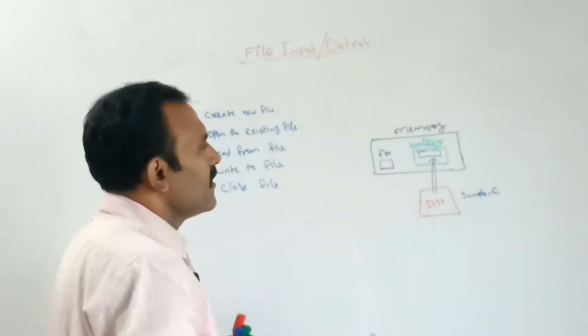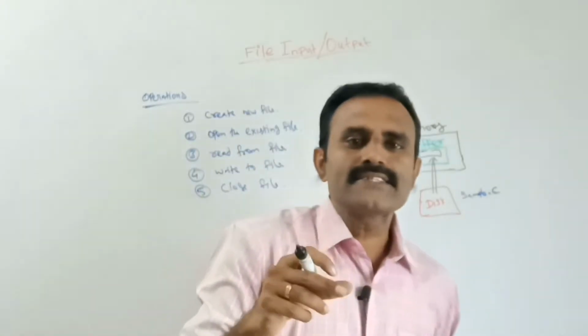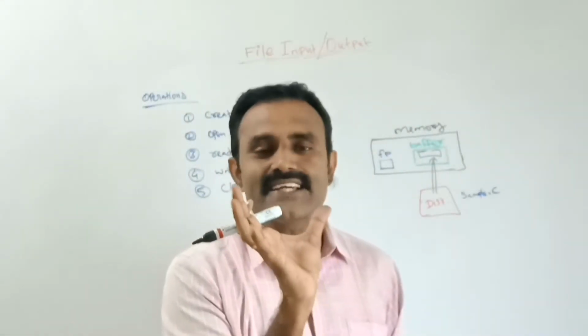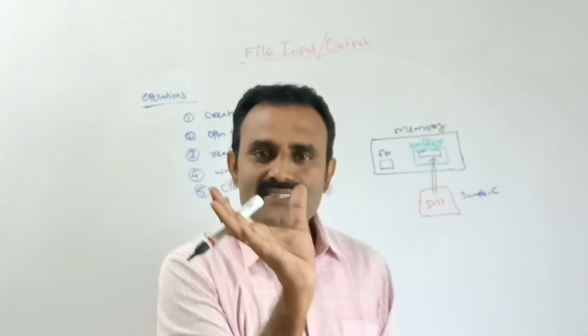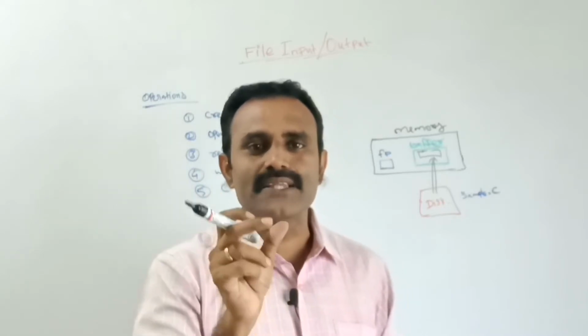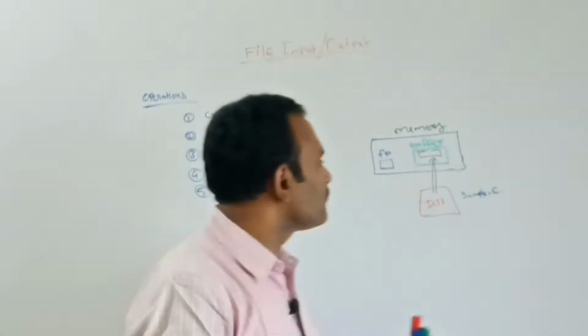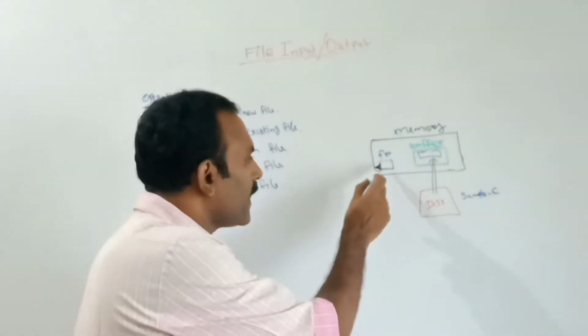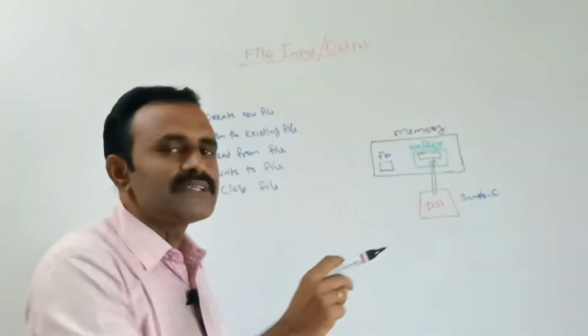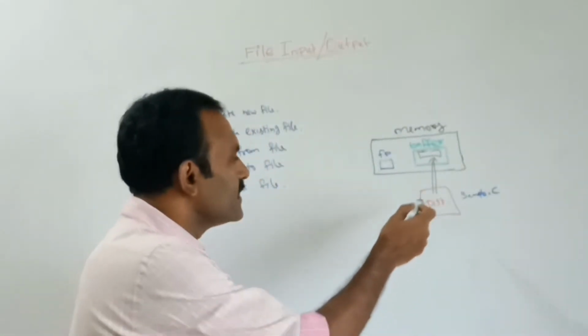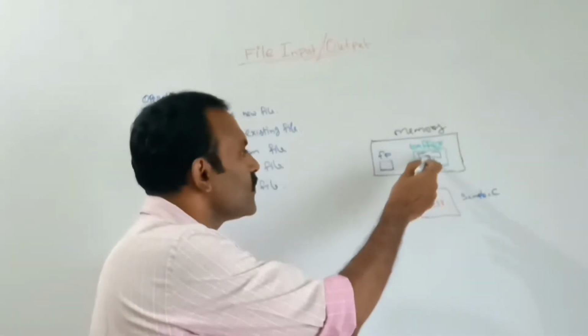A file pointer is nothing but a structure variable. FILE is a structure. With the help of that structure we can create a structure variable, that is, a pointer to the structure. For what purpose are we using that pointer? To access the memory. In the disk, very first it is loaded to the buffer.